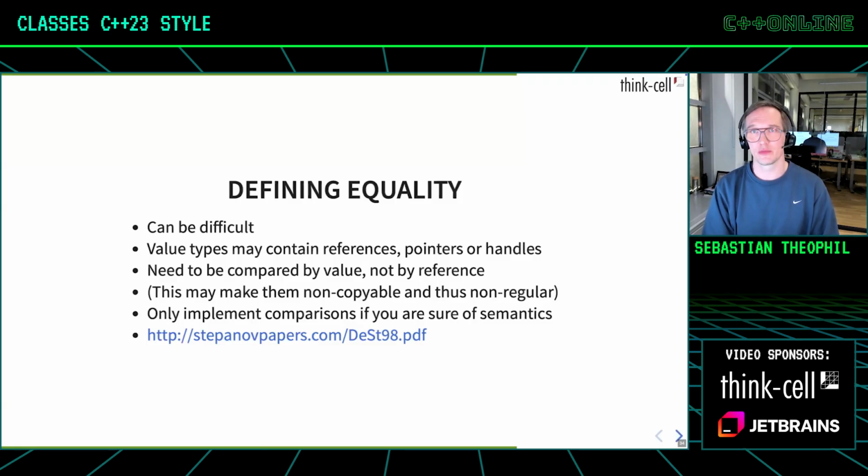Value types can contain references or pointers to something, or handles. So you can have a value type that contains an open file, for example. But in order to be a true value type, you have to compare this by value. So you have to compare the file contents, technically, if you do a value type comparison on that value.